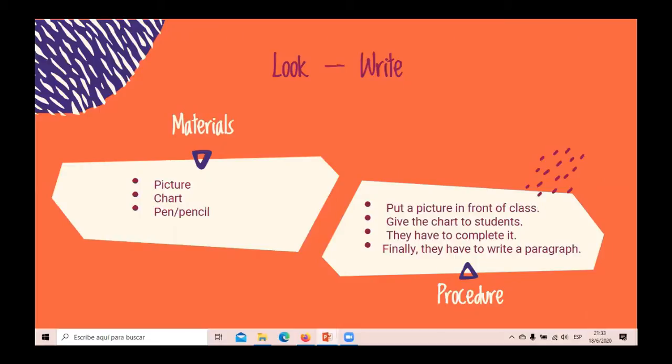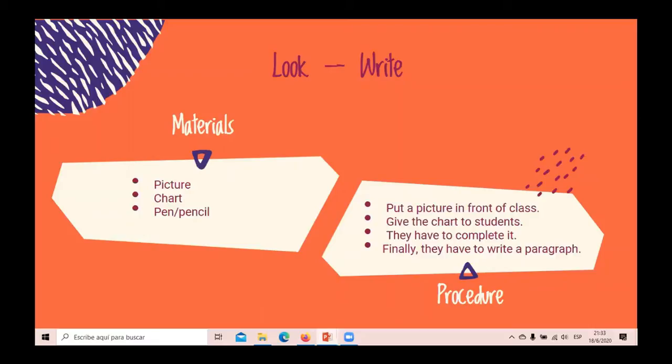Well, now I'm going to talk about the second activity, which is look and write. The materials we need to develop this activity are a picture, a chart, and a pen or pencil. The procedure: first, we have to put a picture in front of the class.